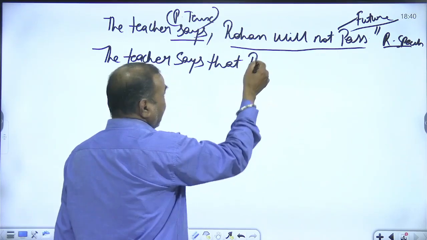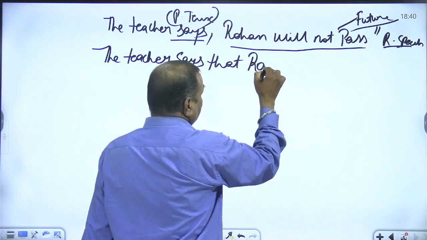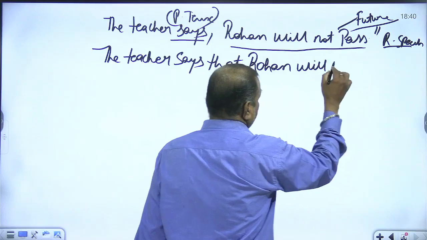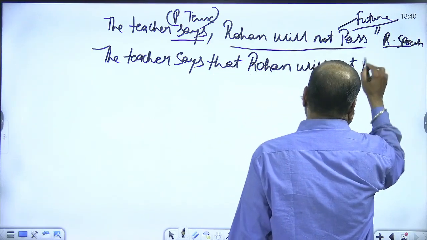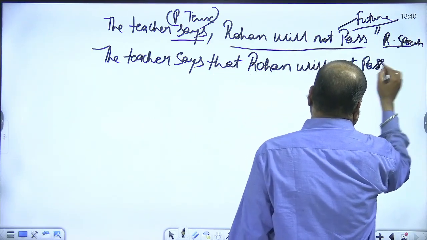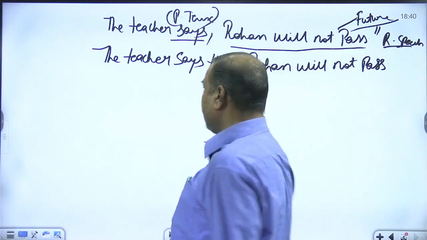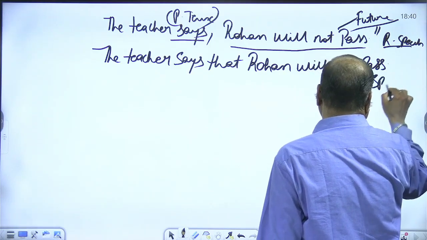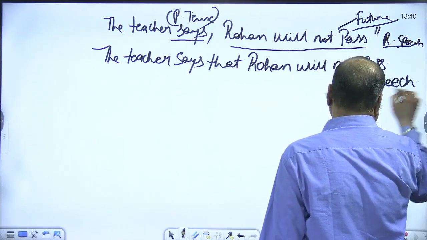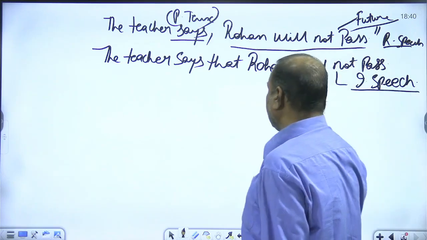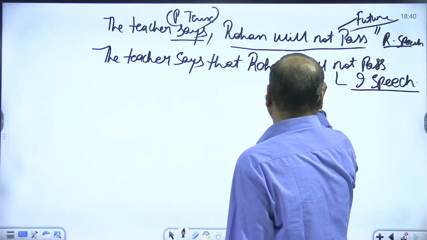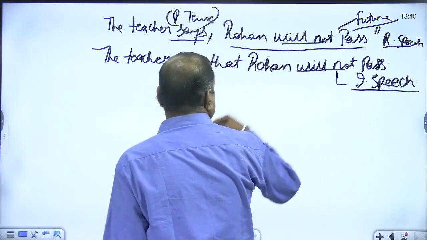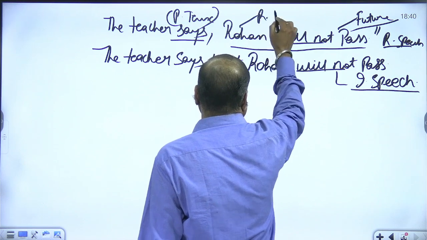Rohan, a proper noun, we write with capital R, will not pass, without any change. This is your indirect speech. See, no change.